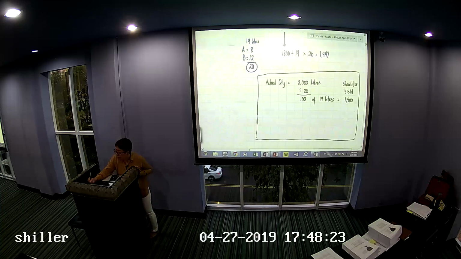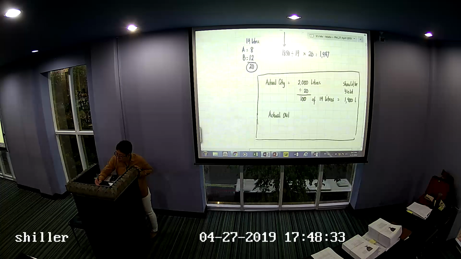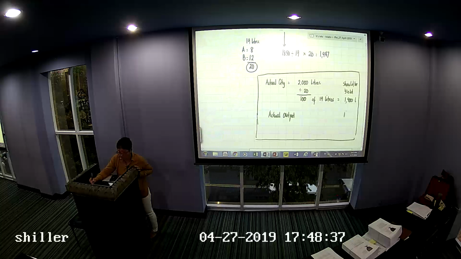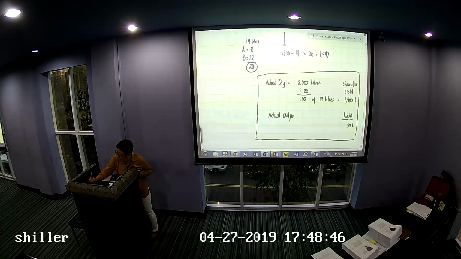The actual quantity of 2,000 liters should have given me 1,900 liters. What was the actual output? 1,850. So is there a favorable or adverse variance?